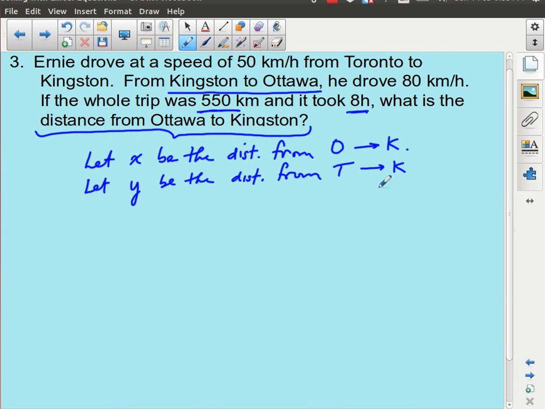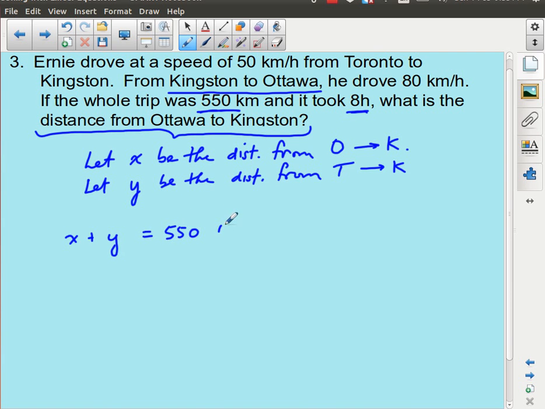And if I were to add those two things together, that's the total distance, and that's what they say here. The whole trip was 550 kilometers. So that comes out right away. I end up with x plus y is equal to 550 kilometers.